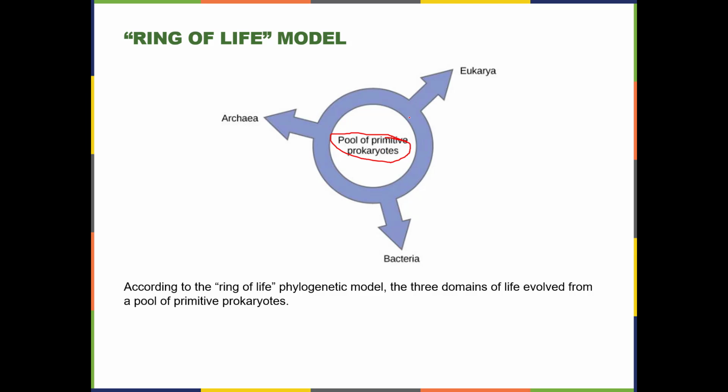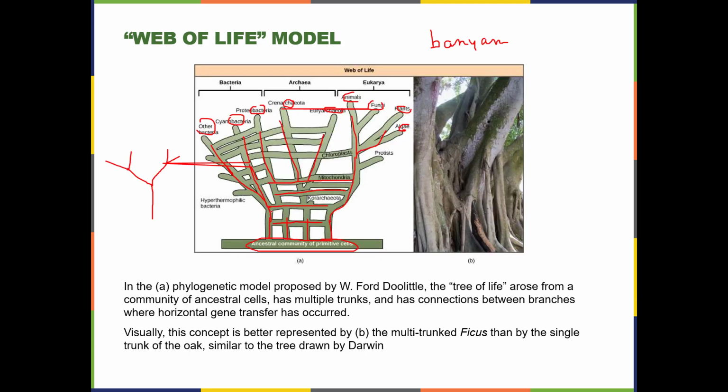And then spinning off of that would be what we now know as our 3 domains. I don't know that this is really that different than this, because in this case you have this pool of different kinds of cells, primitive prokaryotes, and then ultimately in a messy way spinning out you would end up with these 3 domains. But different concepts.